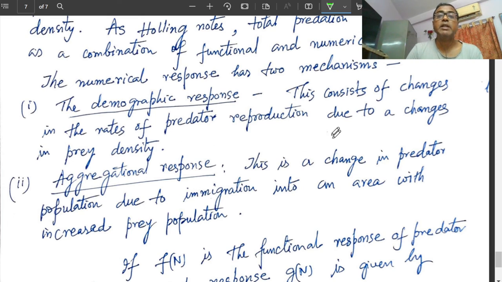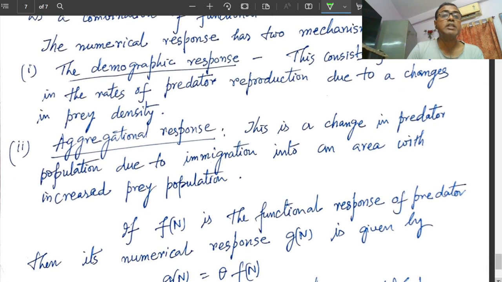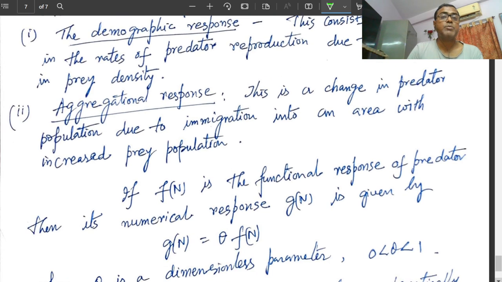And the second type of numerical response is the aggregational response. This is a change in predator population due to immigration into an area with increased prey population.